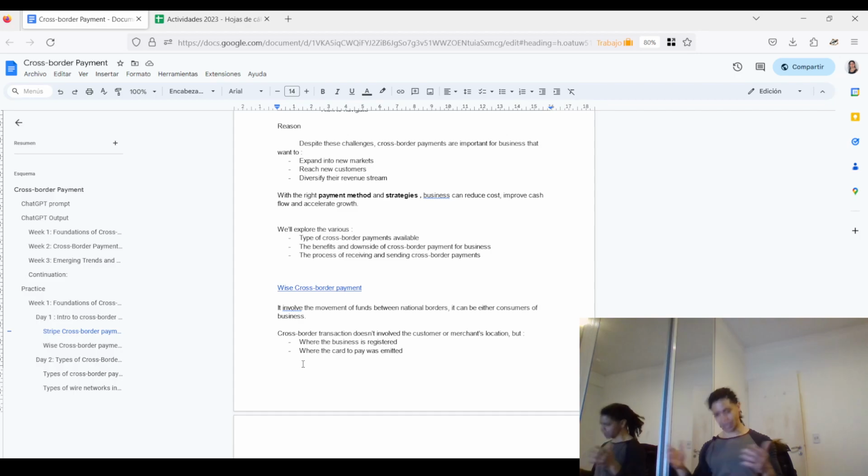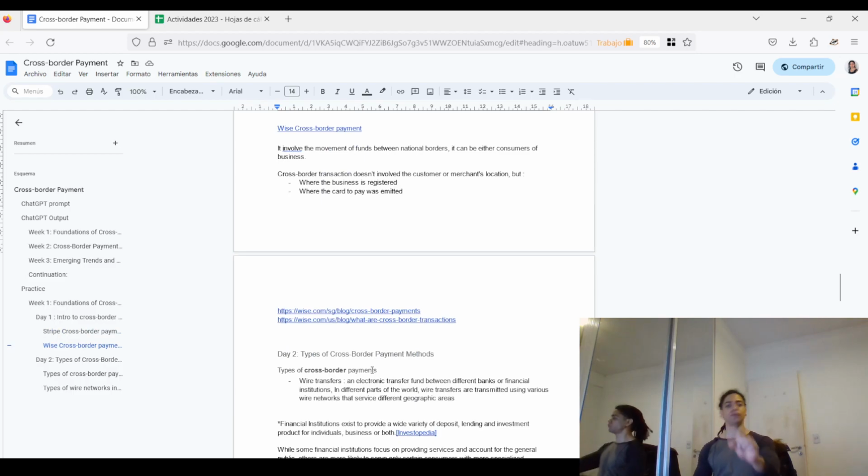So the different types of cross-border payment, as well as the benefits and disadvantages of using cross-border payments for business, and the mechanism or know-how of how to send and receive cross-border payments. So first I looked at the different types.